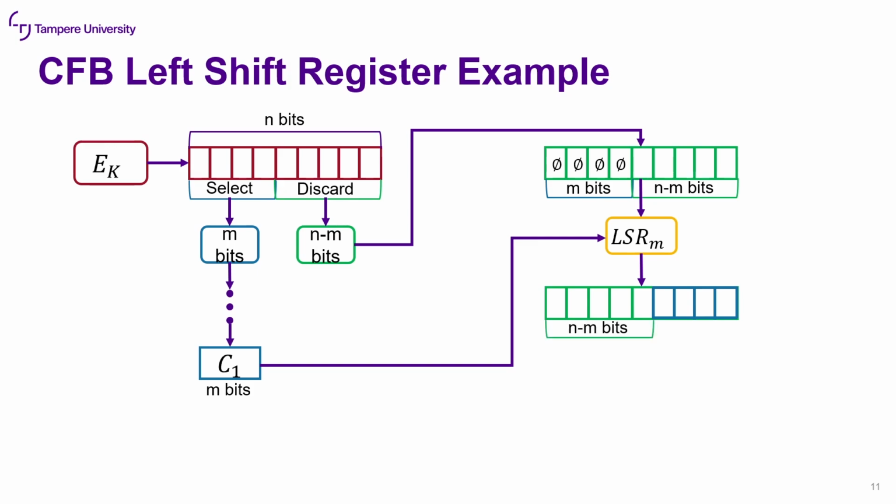So the first n minus m bits are on the left. These are the ones that we discarded previously. And then these m bits is the ciphertext that we produced with the selected bits. This in total creates n bits, which we can then pass off to the encryption circuit and continue this process from here.